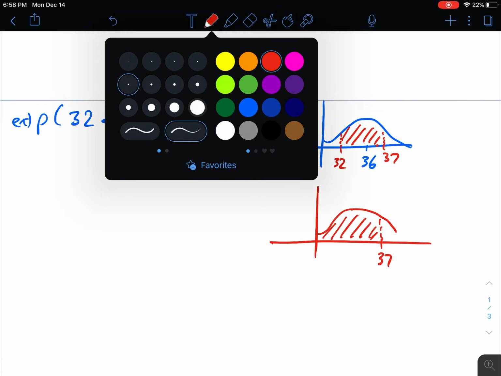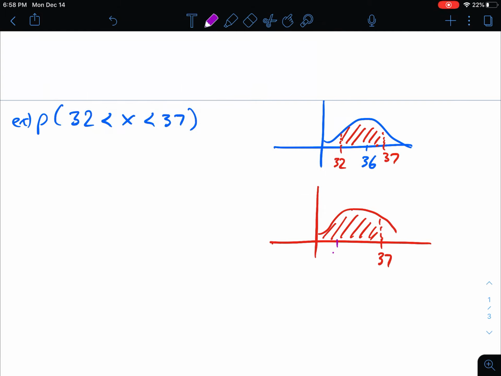And then what we're also going to do is find the value at 32, which gives us this purple stuff here. And we're going to subtract them. So we're going to figure out the probability of the 37, and we're going to subtract away the probability of 32, which would leave us just that middle red area. We subtract away that purple spot. That's the logic of it, at least.